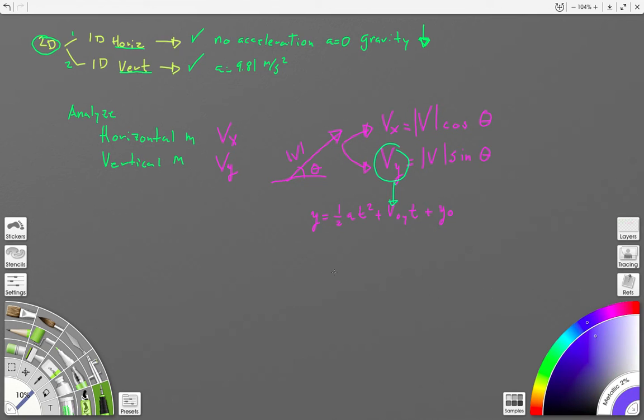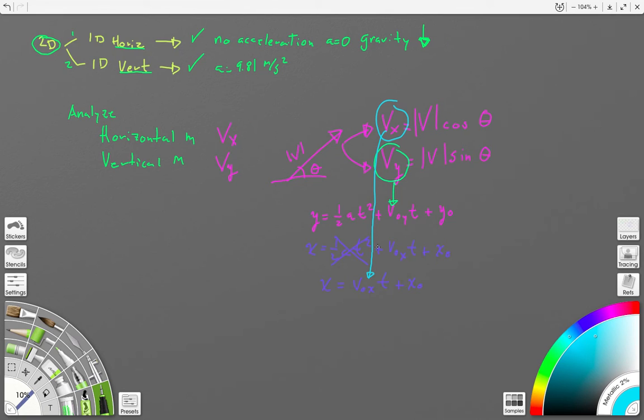For our horizontal component, x equals 1/2 the acceleration times the time squared plus v0x times t plus x0. But since we don't have acceleration in the horizontal direction, all of this goes away. So we're left with x equals v0x times t plus x0. And that v0x is this one right here. So this goes here. So in essence, it's very, very simple.